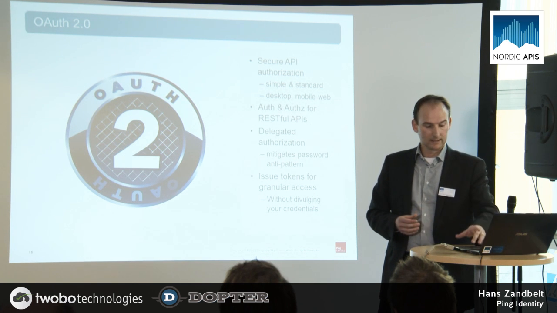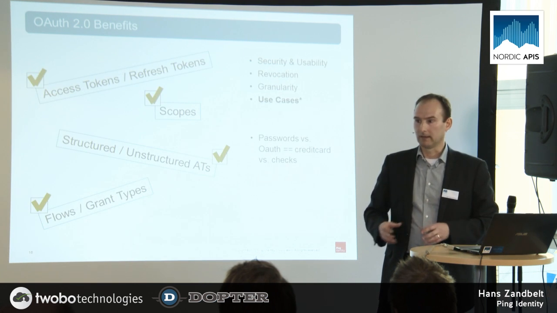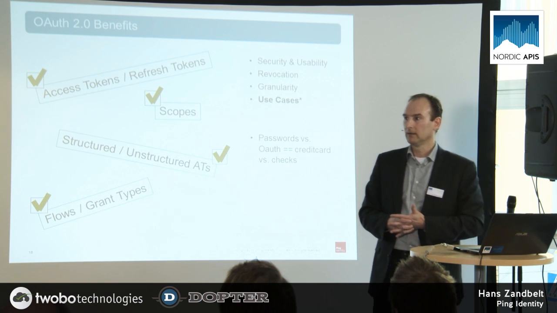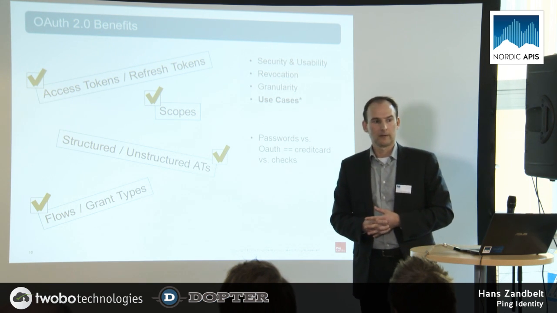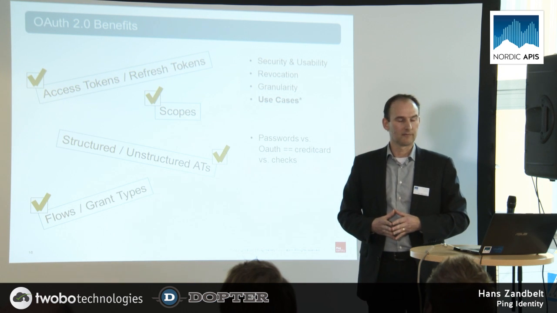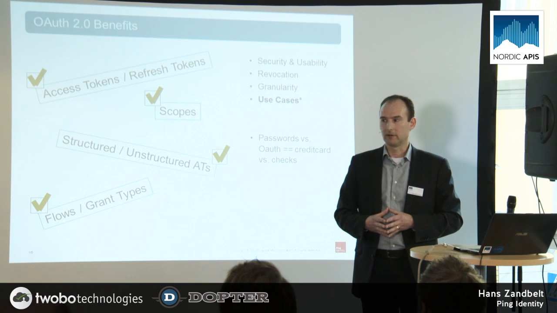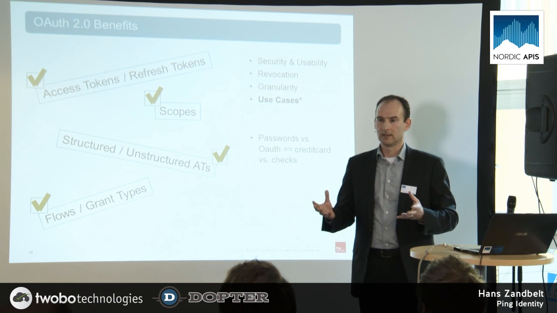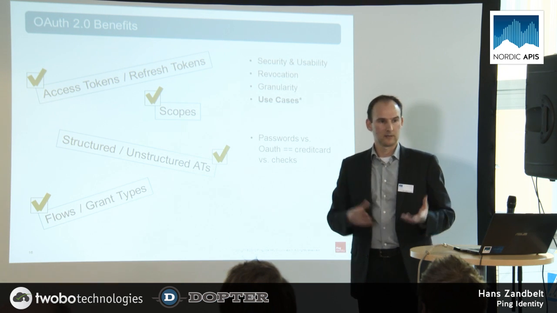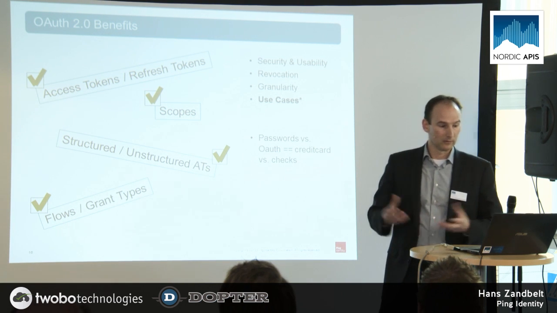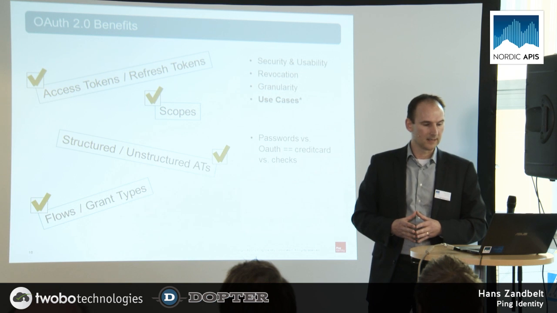And that's, I think, what I would like to say about this slide, and we'll move on to the benefits that you get out of it. First of all, OAuth is a very big specification. It's a framework, right? And it allows for many different use cases. It covers both consumer identity use cases as well as enterprise access use cases.